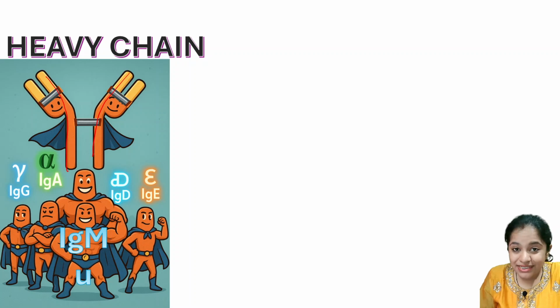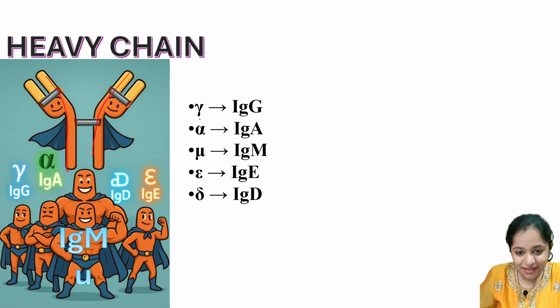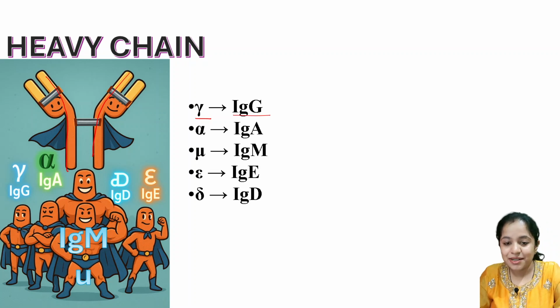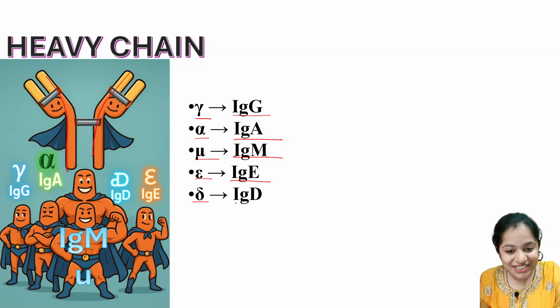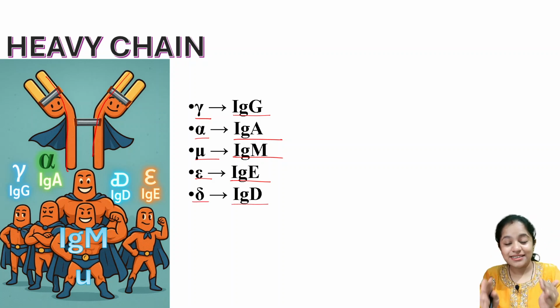What are these 5 heavy chains? These are gamma, which is the IgG antibody, alpha, which is present in IgA antibody, mu present in IgM, epsilon present in IgE, and delta present in IgD. Clear? This is the heavy chain making your classes of antibody, naming your classes of antibody.